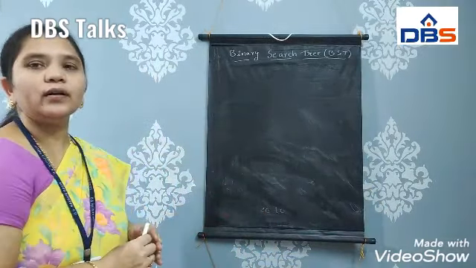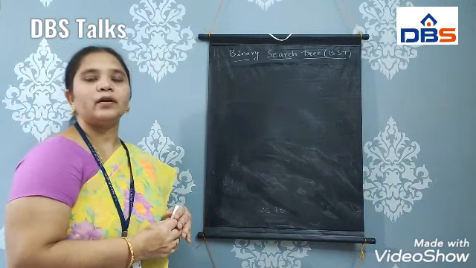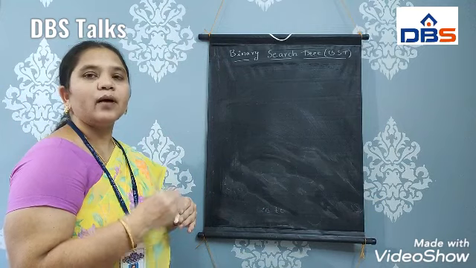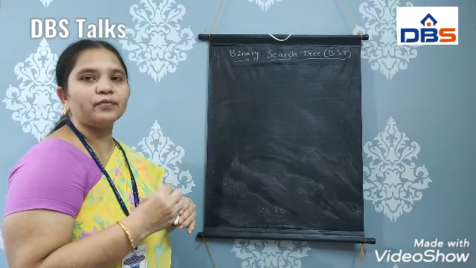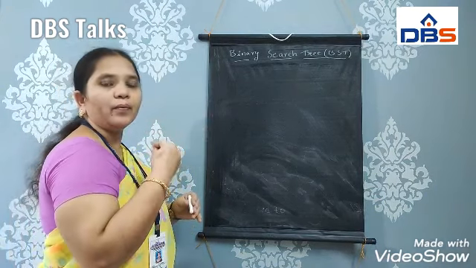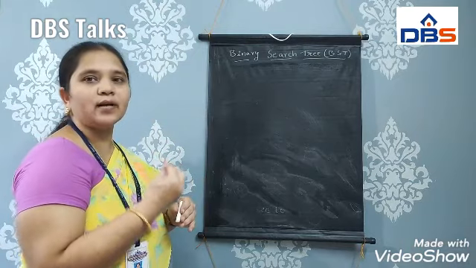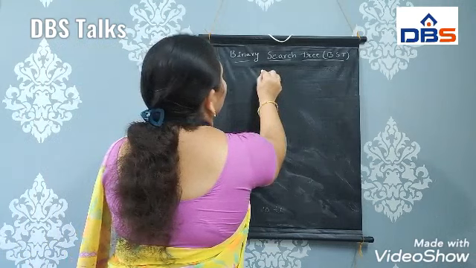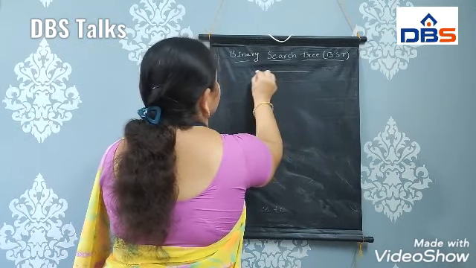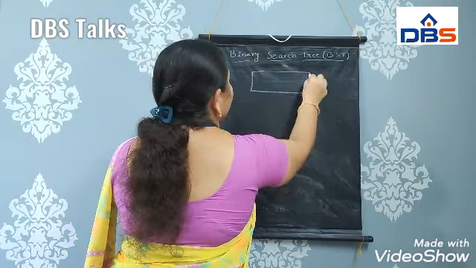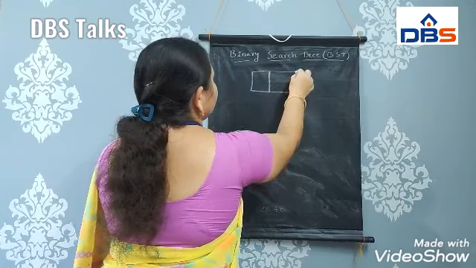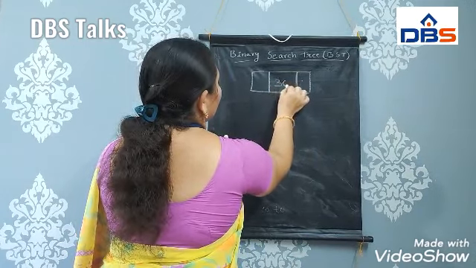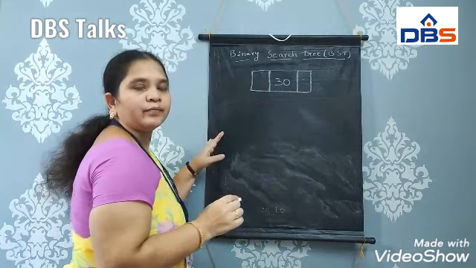So according to the node structure, now we are going to represent the complete node structure of the above example binary search tree. Okay, now we are taking the root node 30. It contains the 3 fields, that is, the root node value is 30.